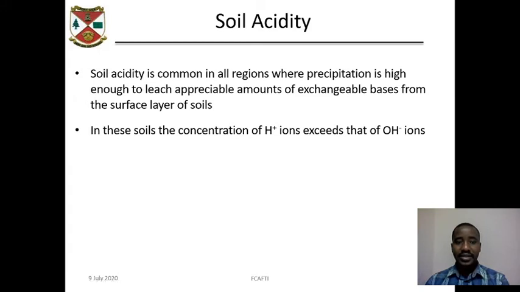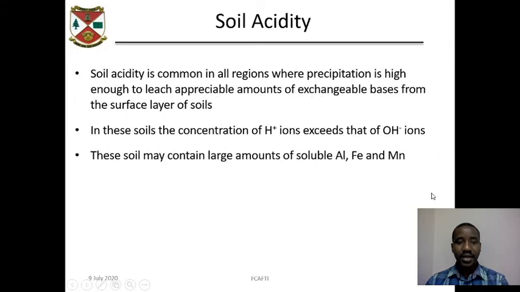In these soils, in other words, in acid soils, the concentration of hydrogen ions exceeds the concentration of the hydroxyl ions. These soils may contain large amounts of soluble aluminum, iron, and manganese. Soluble means the concentration of aluminum, iron, and manganese that is in the soil solution.